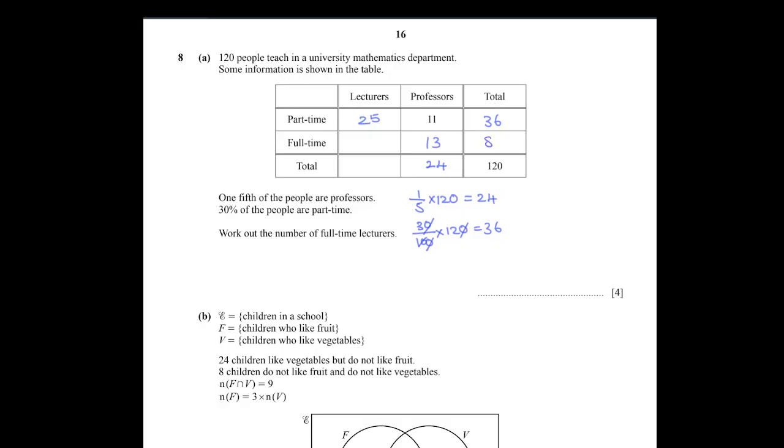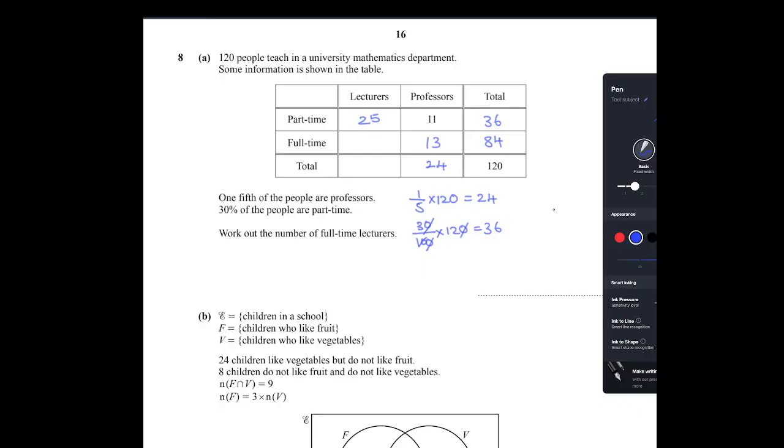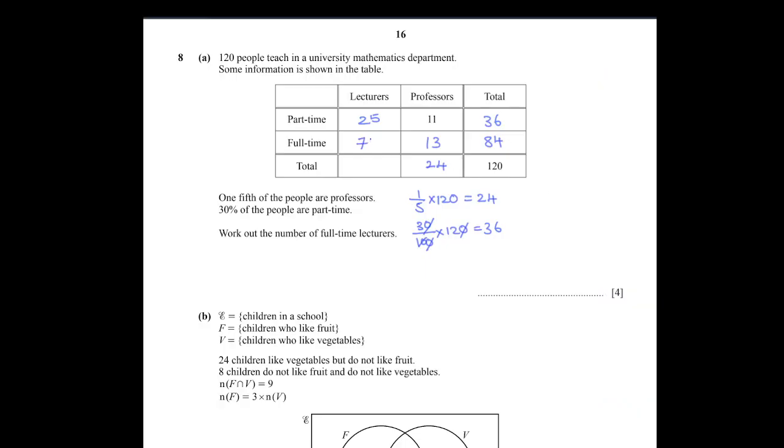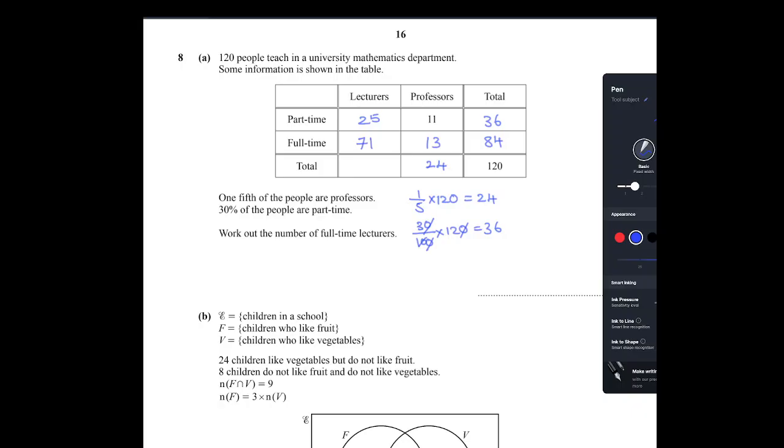So to get the full-time lecturers, we need to do 84 minus 13, which is 71. So our answer is 71.